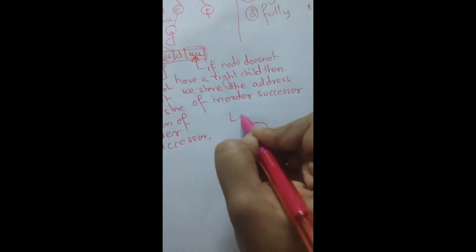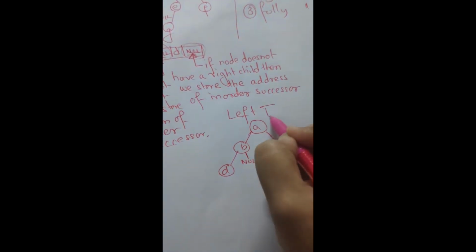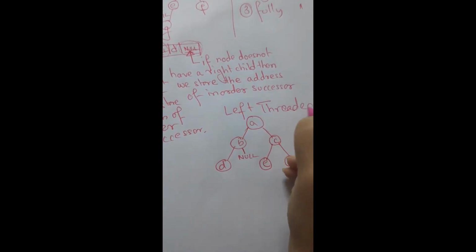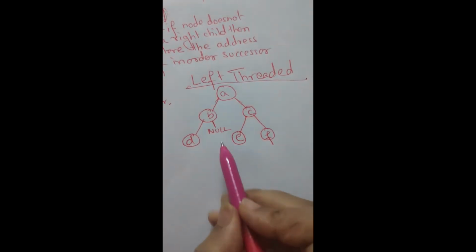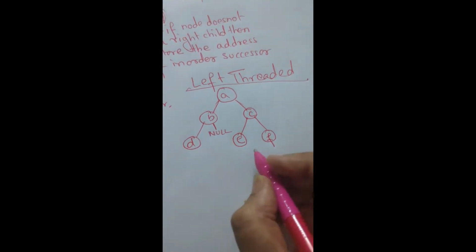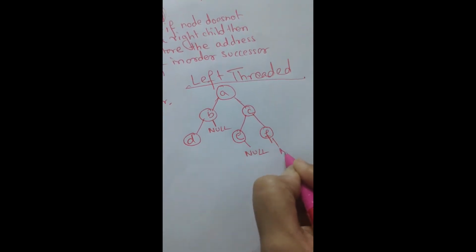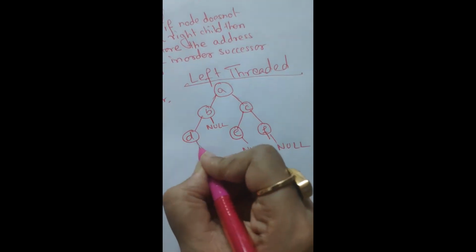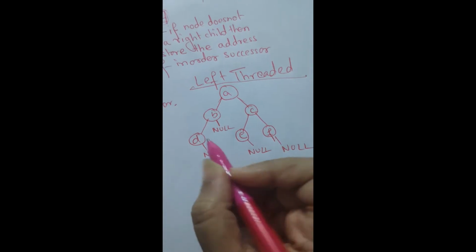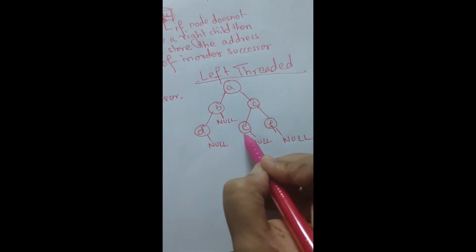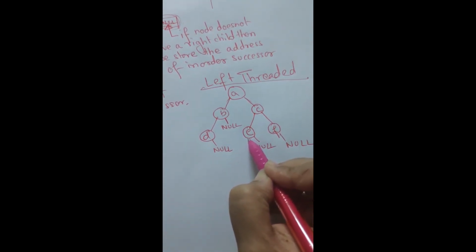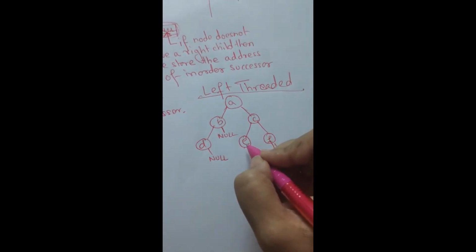I am talking about left-threaded. In case of left-threaded binary tree, the right links are kept null as they are. So all these right nulls will be kept as nulls. The left null links will be pointing at the in-order predecessor.